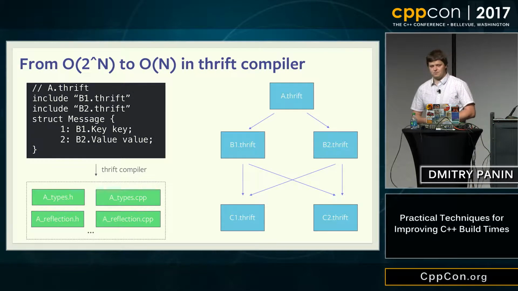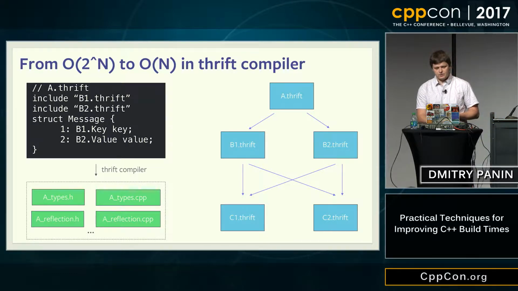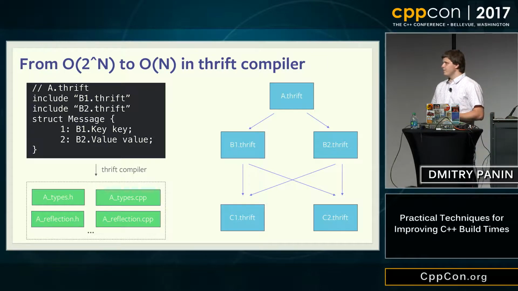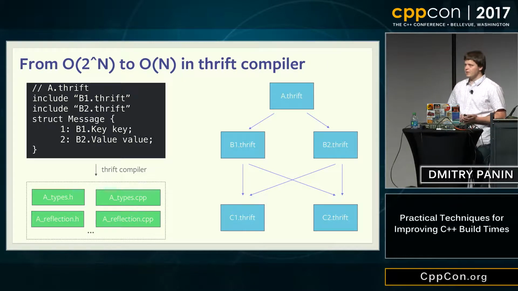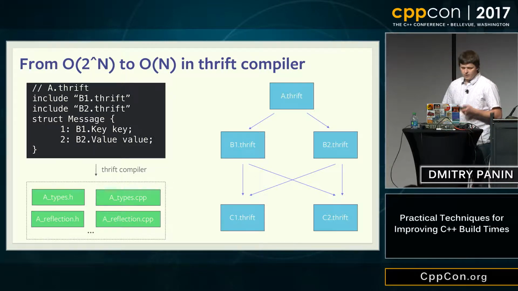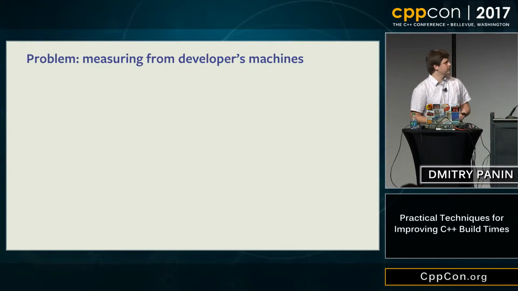And it was really, really slow. The fix was quite simple, just add some caching there. But the amazing thing is that this bug, or feature, was there for ages, since Thrift was first built, about 10 years ago.